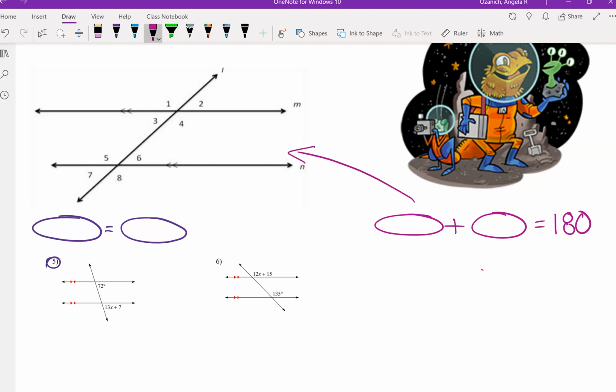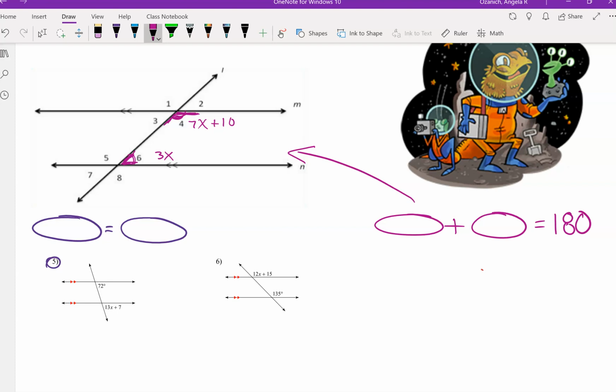For example, if you knew angle 6 right here was 3x, and angle 4 was 7x plus 10, let's say. In a problem like this where you have same side interior angles, you have one small angle and one big angle. You can tell just by looking at the picture that one is acute and one is obtuse.